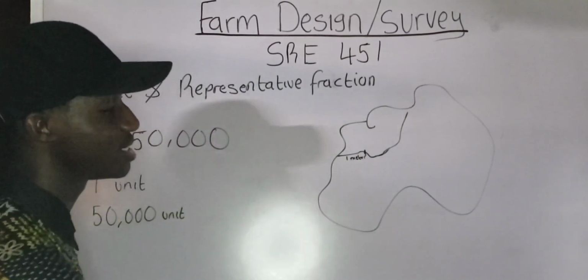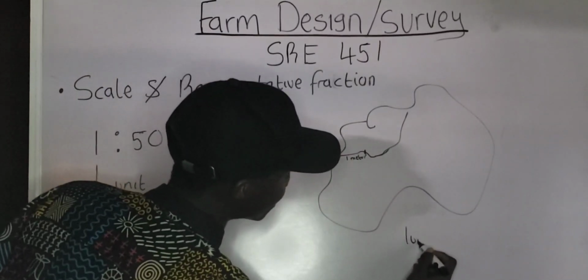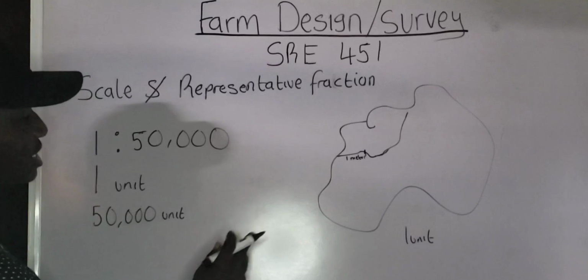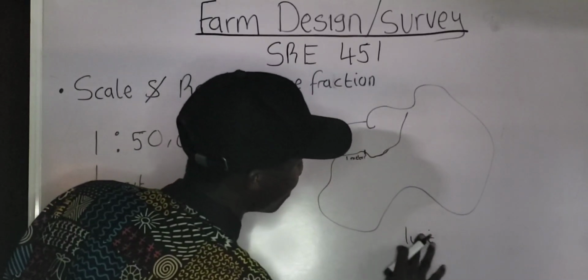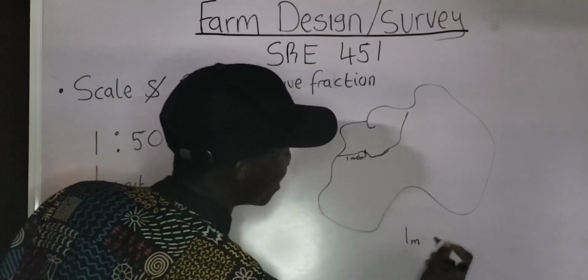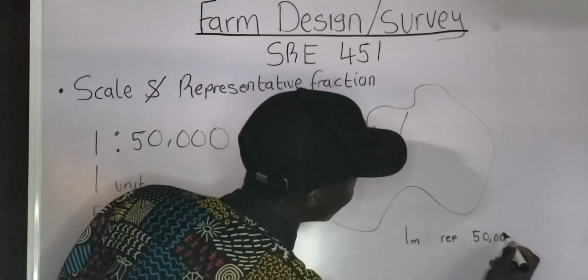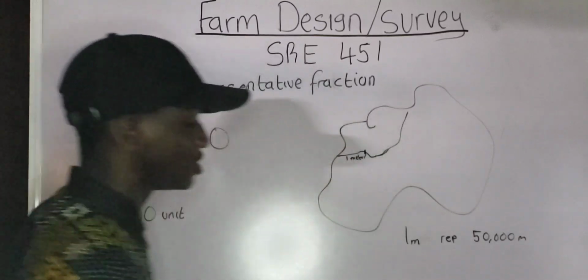And we have already put it down. We have already noted that on this map, one unit measurement may be 1 meter. Let me put it, since we are measuring in meter: 1 meter on this map represents 50,000 meter on the ground. Do you understand?